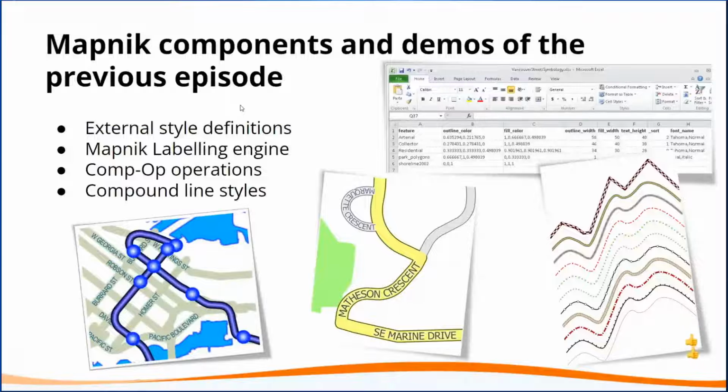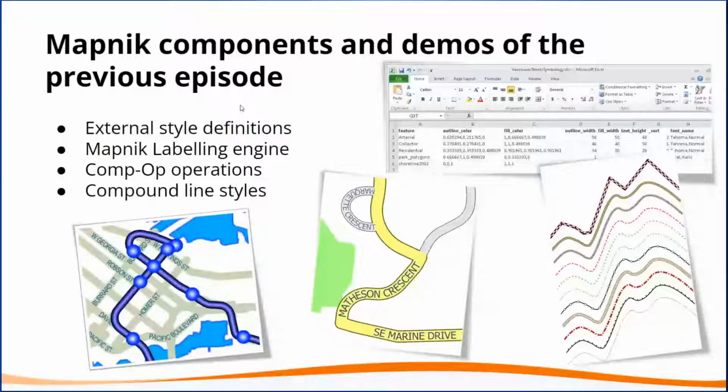We talked about external style definition, so you don't have to go into your transformer and change colors, line styles, and fonts. You can define all that in an external file, for example Excel, and whenever you need to make a change, you just type something in there and run the workspace without going into all the parameters, and the change will be reflected in your output. That was one of the demos we showed 8 years ago.